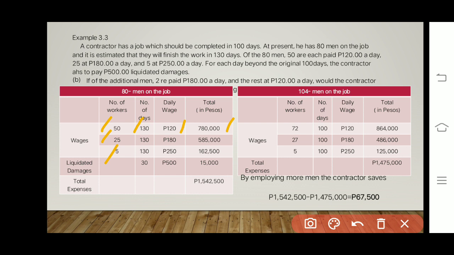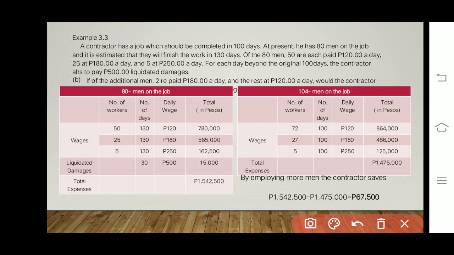And then, ilan yung liquidated damage? 30 days. Kasi diba 100 days yung usapan. Sumobra siya ng 30 days. So, times 500, 15,000. So, total expenses is 1,542,500.